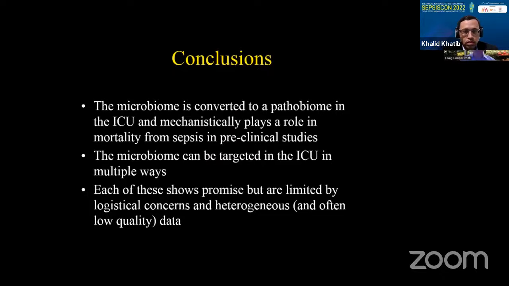The microbiome can be targeted in the ICU in multiple ways, by giving so-called good bacteria, by giving stool transplants, by trying to get rid of bad bacteria. And while each of these shows promise, each of them is limited by logistical concerns and heterogeneous and often low-quality data that prevents any of these today from being standard of care.